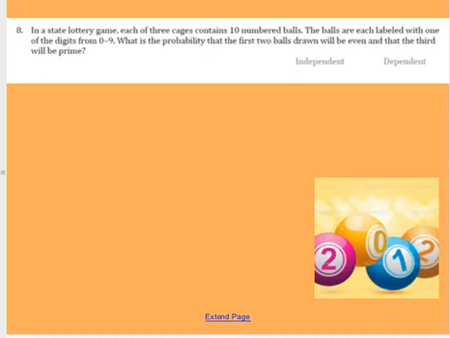Alright, moving on here. 8. In a state lottery game, each of the 3 cages contains 10 numbered balls. The balls are each labeled with one of the digits from 0 to 9. What's the probability that the first 2 drawn balls will be even and that the third will be prime? Alright, so the first ball, we're looking for an even.